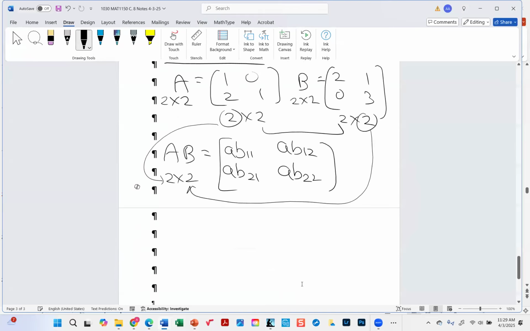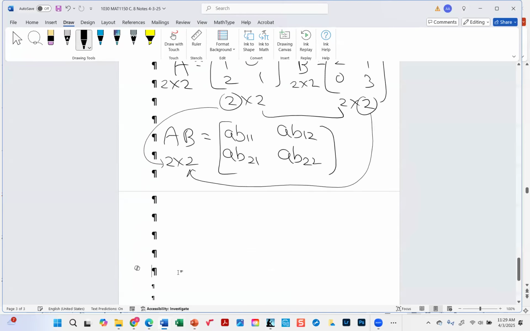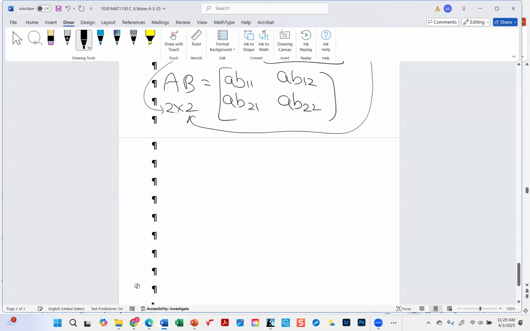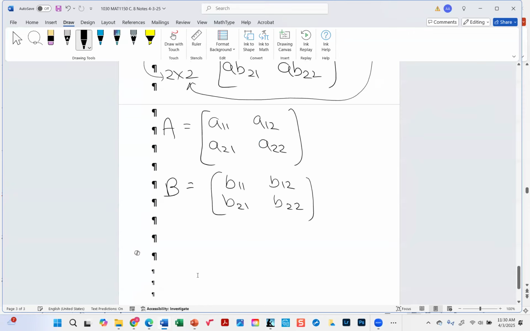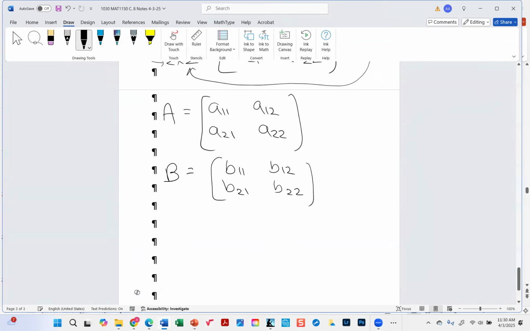All right. Now I'm going to show you a very general expression for doing this. And then we'll do some actual numbers. So I'm going to multiply them together. How do I do that?